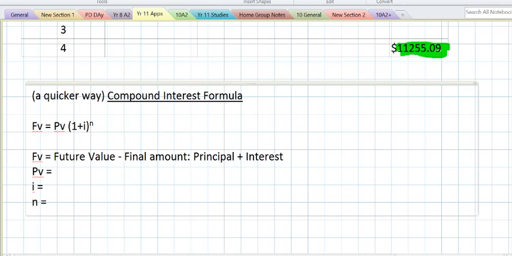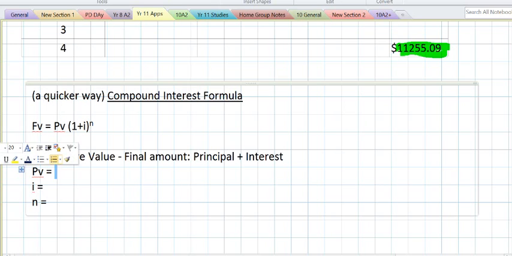So before, you see this number highlighted in green, that is the final amount. It is the 10,000 we had at the start plus the interest earned over the period. This formula, when it gives us FV, gives us the principal plus the interest already. So it's not like when we're using simple interest and we calculate the amount of interest earned and then have to add it on to the principal to get how much we have at the end. This gives us how much we have at the end straight away.